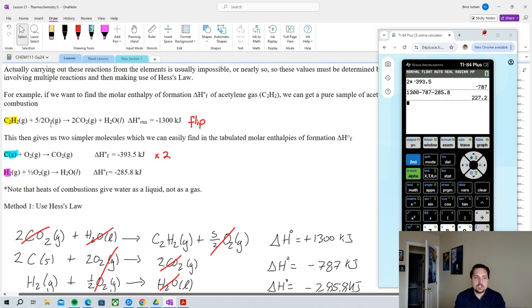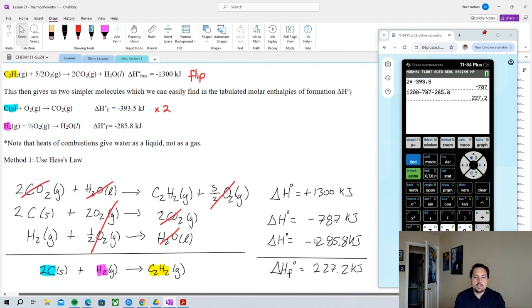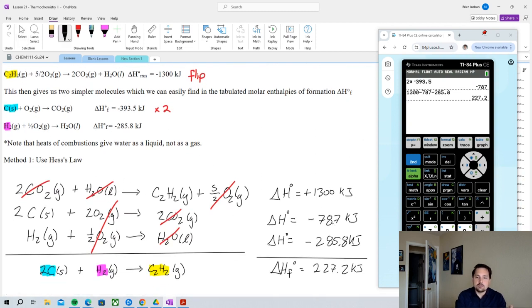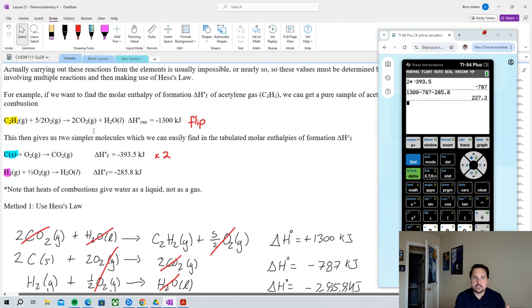And the oxygen is already in its standard state, so we didn't need its heat of formation. So essentially what we did here is we summed together the heats of formation of the products of this combustion reaction, and we subtracted the heat of formation of the reactants, or we could say that we added the negative of it.